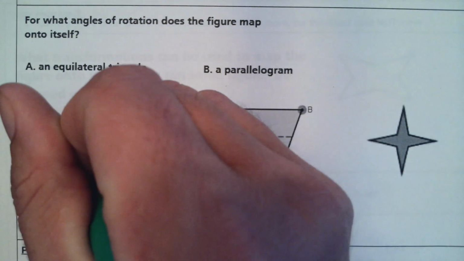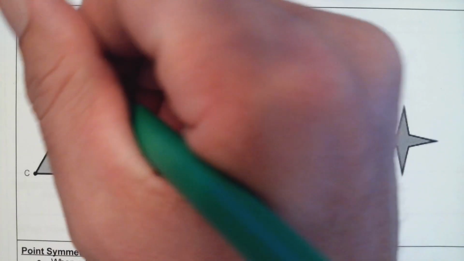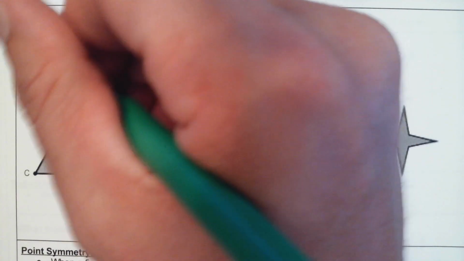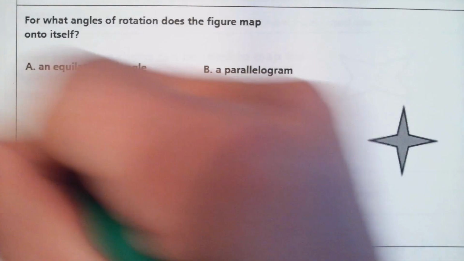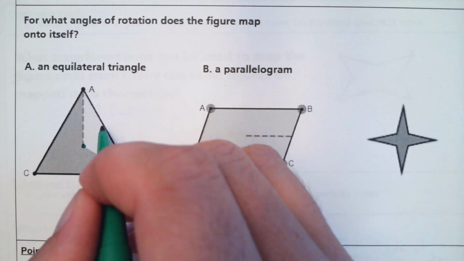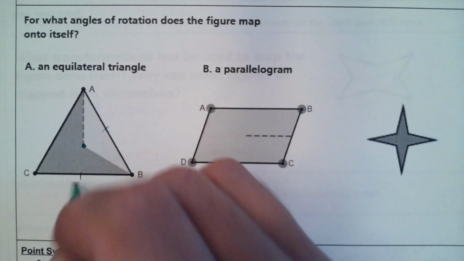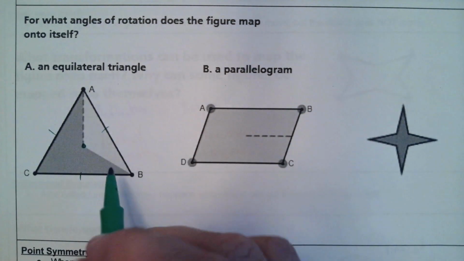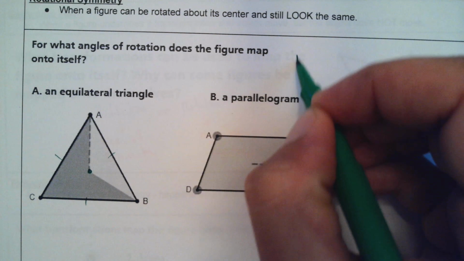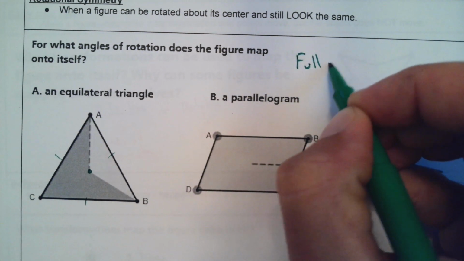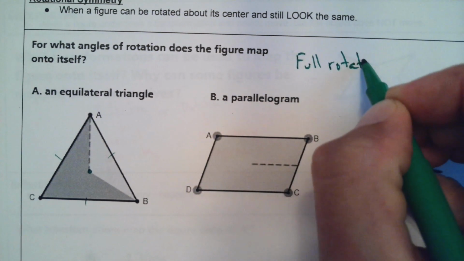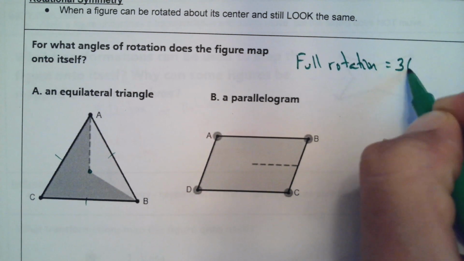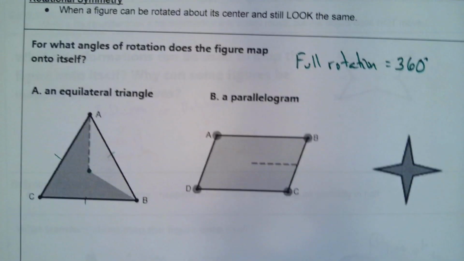All right, so we got the center. Now a full spin is 360. Okay, so you've got 1, 2, 3 sides. So a full rotation is 360 degrees.